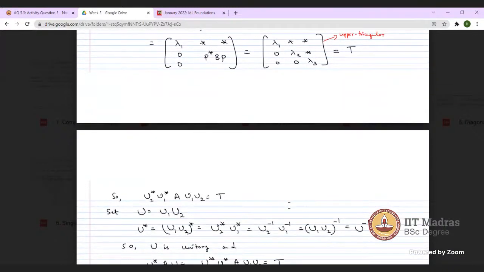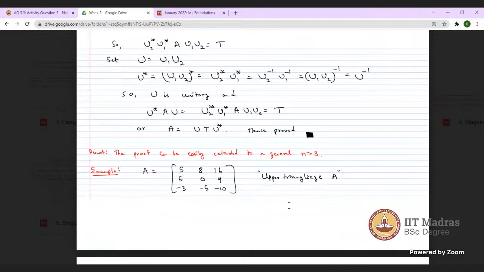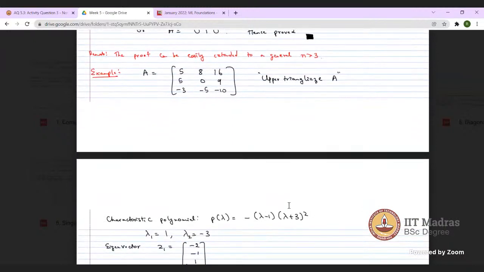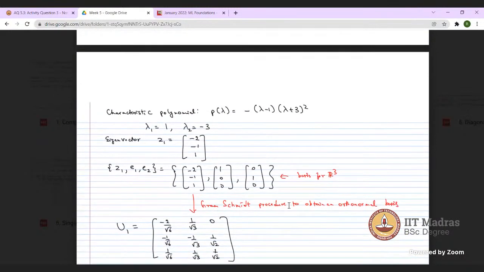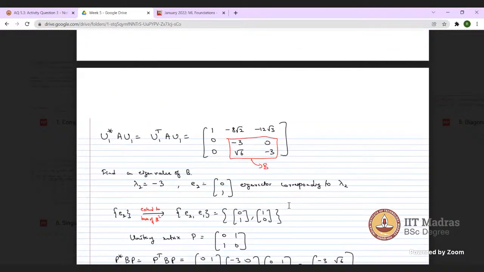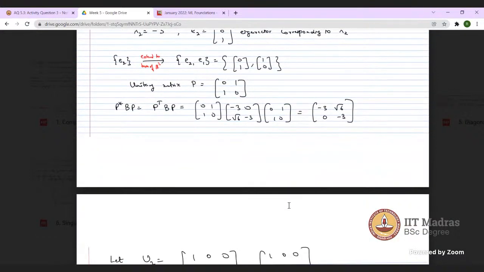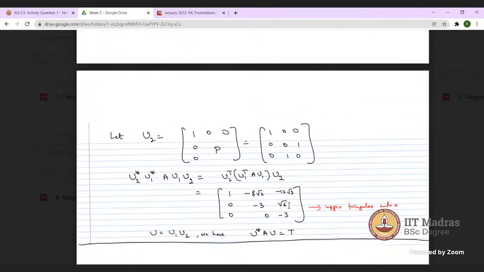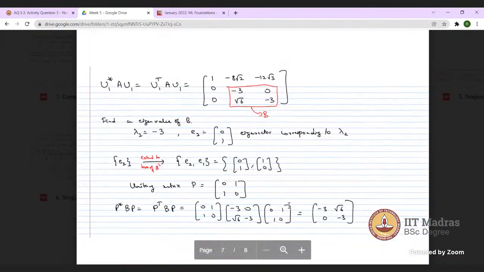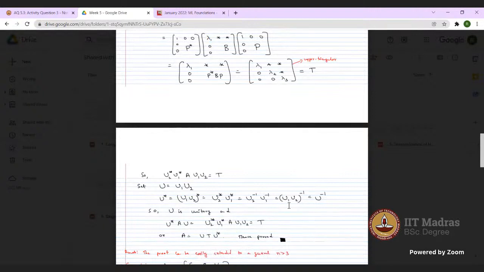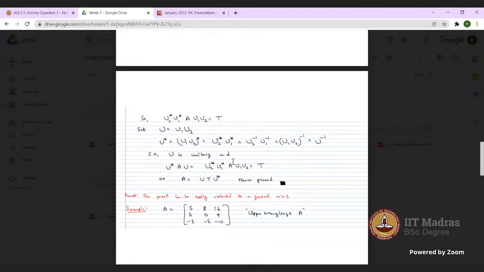But for our case, we are talking about a Hermitian matrix. What was discussed here was only Schur's theorem, which is generalized for any matrix, not just for the Hermitian matrix.